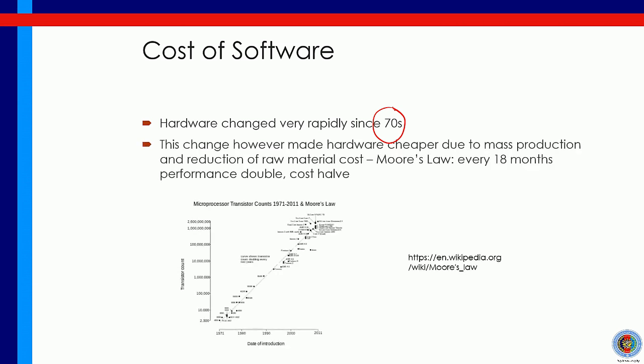And this explosion or development of hardware follows what we call Moore's law, that the explosion of hardware made it become cheaper and cheaper due to mass production. Because of this so-called Moore's law, every 18 months or 1.5 years, the performance of hardware will double while the cost becomes half.